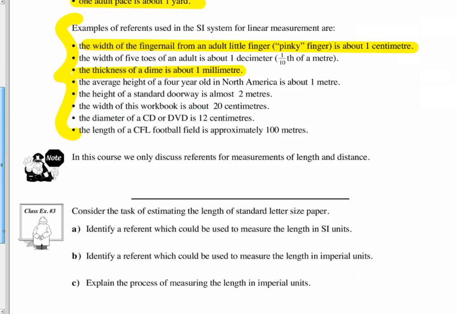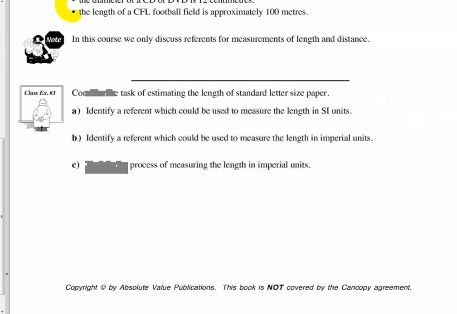Okay, so let's do number 3 really quickly. Consider the task. You are granted the task of estimating the length of a standard letter size paper. Listen up. What referent could be used to measure the length in SI?